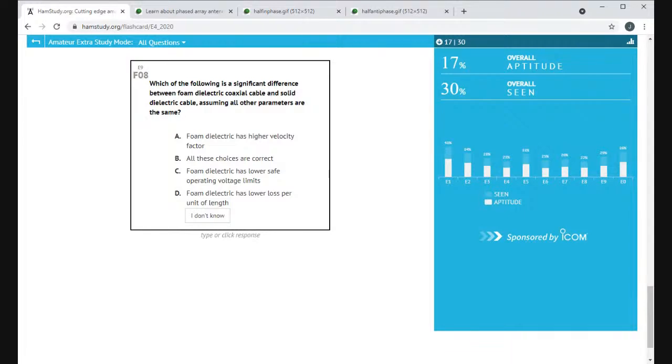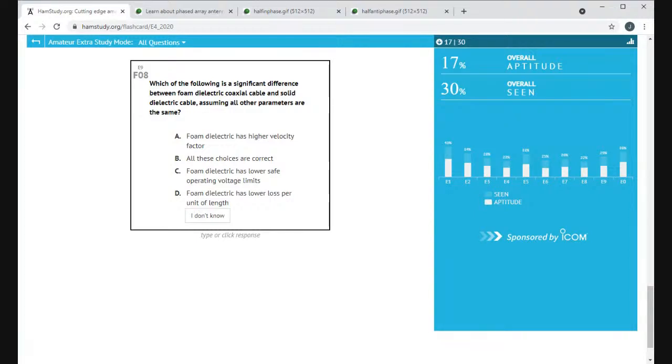Which of the following is a significant difference between foam dielectric coaxial cable and solid dielectric coaxial cable, assuming all other parameters are the same? A. Foam dielectric has higher velocity factor. B. All these choices are correct. C. Foam dielectric has lower safe operating voltage limits.